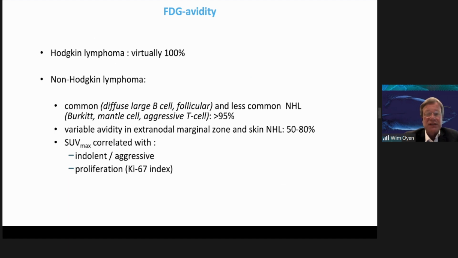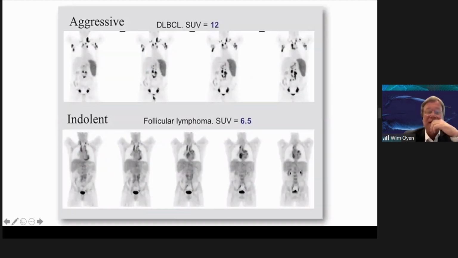The non-Hodgkin's lymphomas, you have to be careful, especially with frequent non-Hodgkin lymphoma subtypes like follicular and marginal zone, which may or may not be FDG avid. If they're FDG avid at baseline, you can use it for monitoring therapy. If not, you have to be aware that you need other imaging modalities.